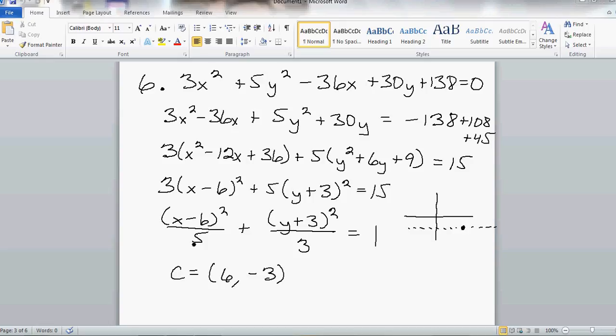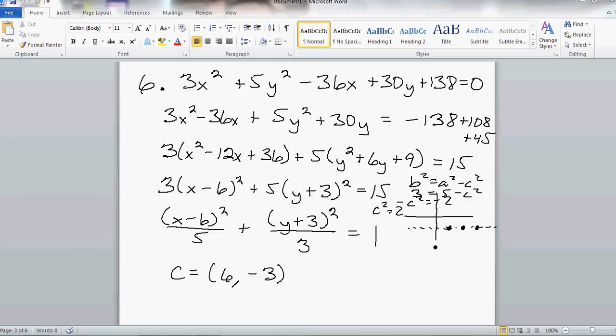I'm sorry, a squared is 5, b squared is 3. So I need to come back up here and say, b squared equals a squared minus c squared. B squared is 3, a squared is 5, minus c squared, and so negative c squared would equal negative 2, so c squared would equal 2, so c is the square root of 2. So I have to go square root of 2 this way, square root of 2 this way.